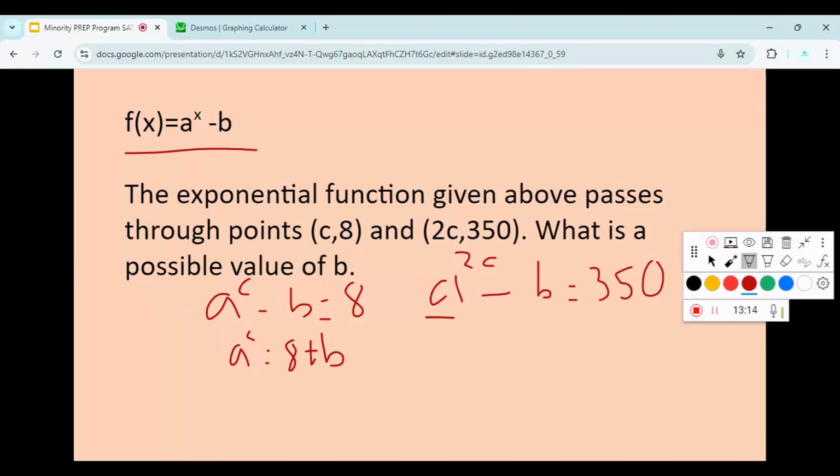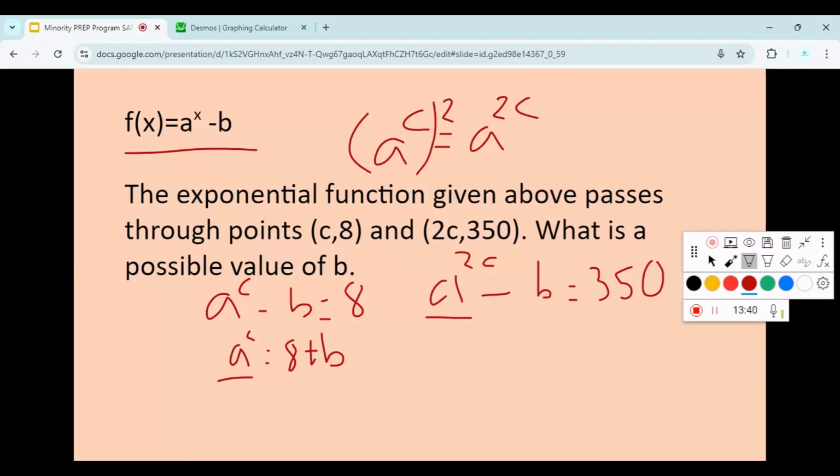Well, what is a^c and what does a^(2c) have in common? Well, if we think about it, if we just square a^c, we would get a^(2c). So that's how we can think about it.